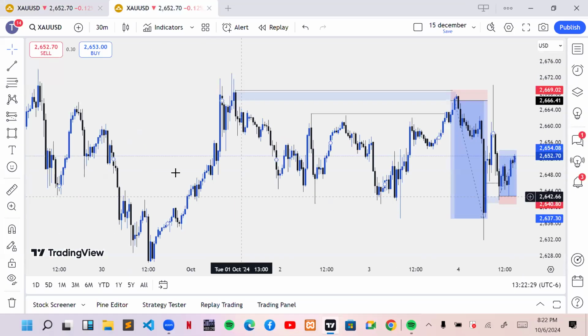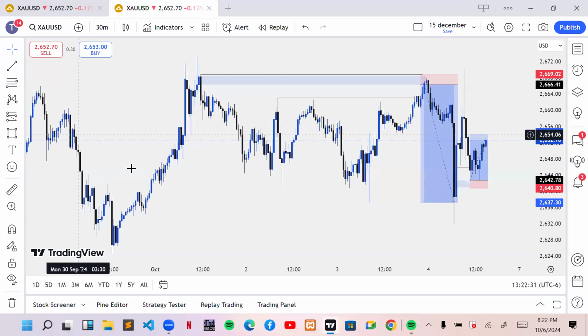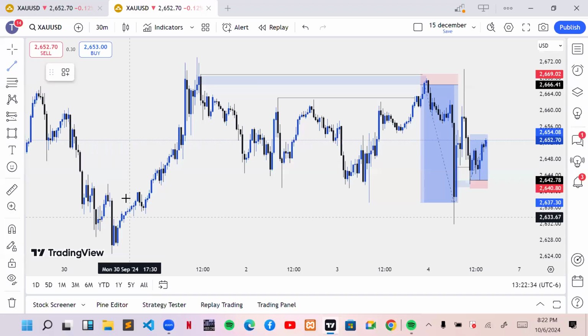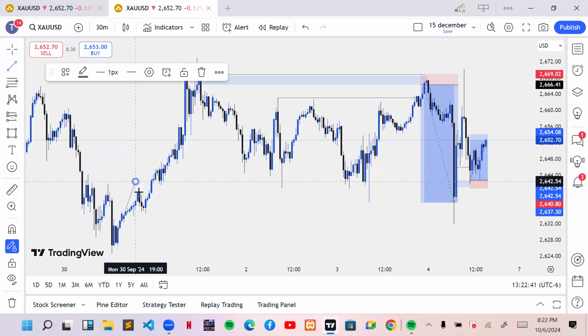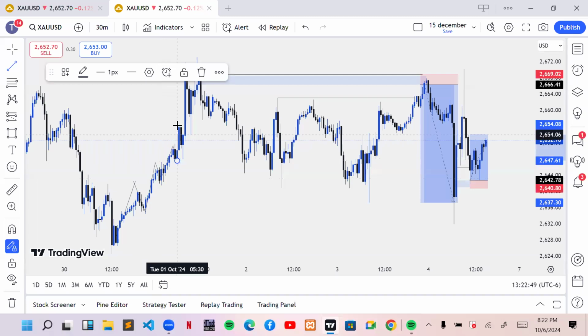Paying attention to this trade right here, you can see the market making a series of higher highs and higher lows. Higher highs, higher lows, higher highs. Then the market did what?